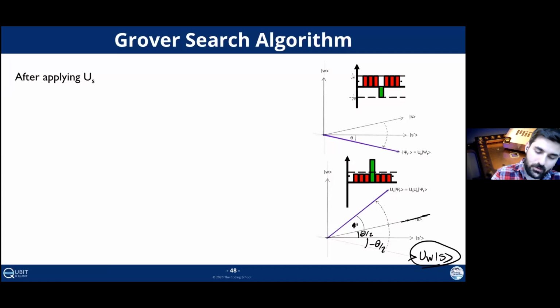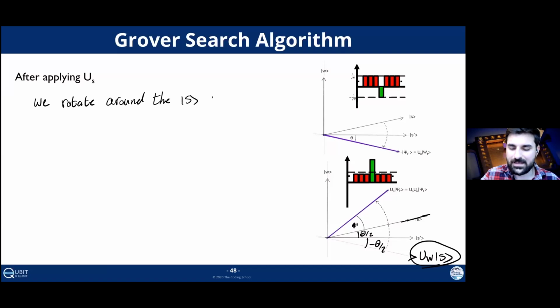So after applying U of S, we rotate around the S state, which of course in this case is just a line.